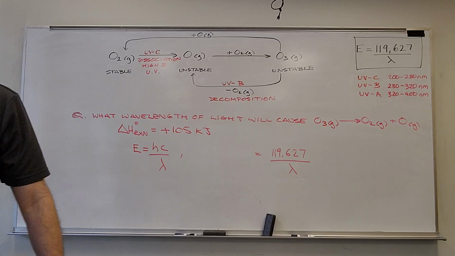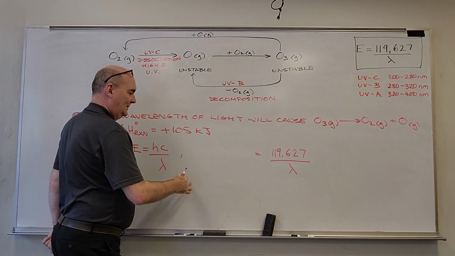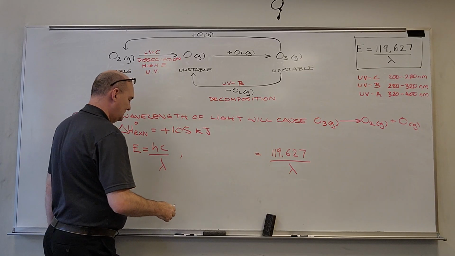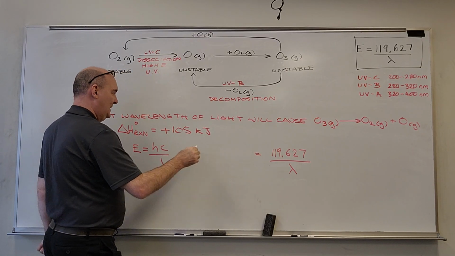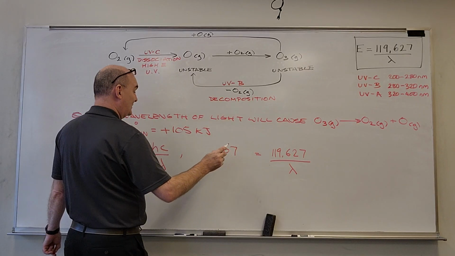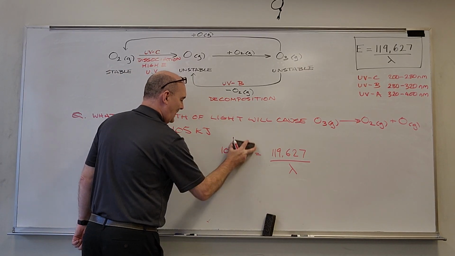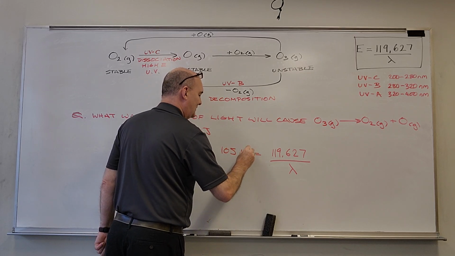All right, what we got? Let's work it out. hc is this number, and that number E is 105. That's all I got, right? No decimal, just 3 digits.